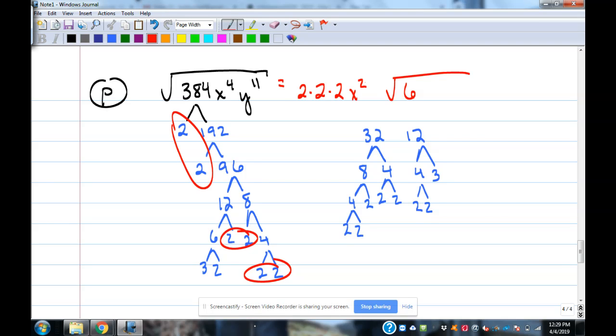How many times does 2 go into 11? 11 divided by 2 is 5 with a remainder of 1. So 2 times 2 times 2 on the outside is 8 x squared y to the 5th square root of 6y. That's the final answer of that one.